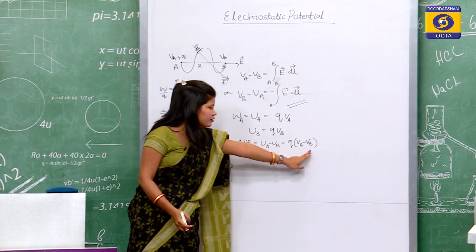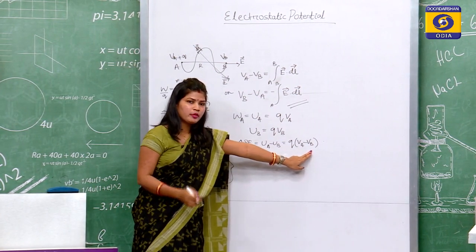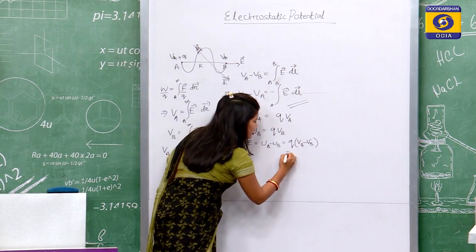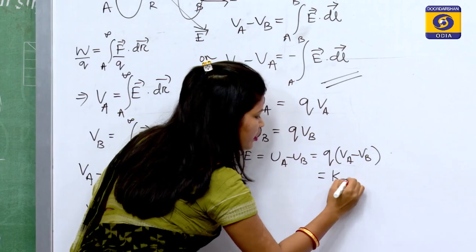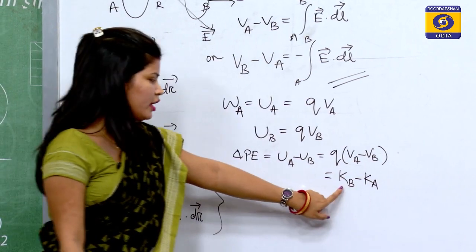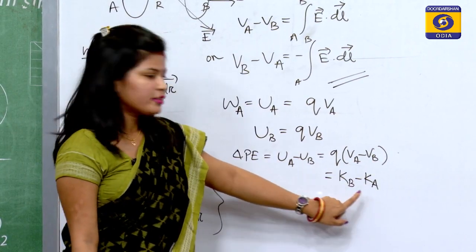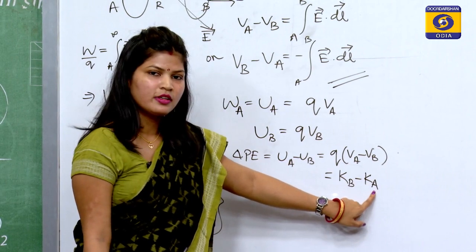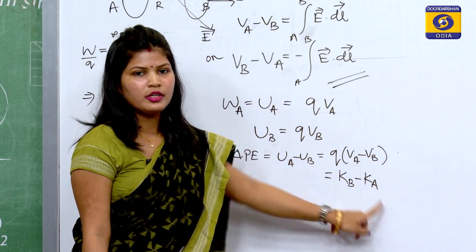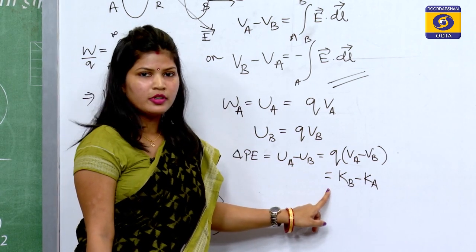Similarly, this difference is also converted into kinetic energy. So, I can write this is equal to KB minus KA, that is kinetic energy at point B minus kinetic energy at point A. This is really the work energy theorem and it is the conservation of energy.